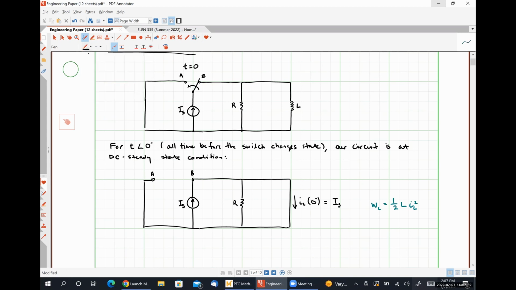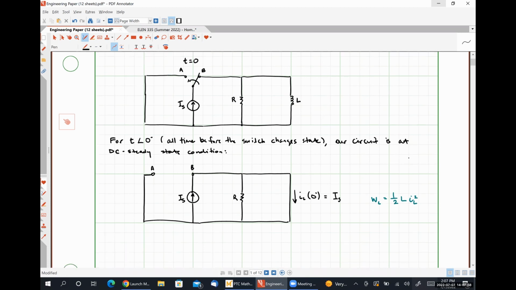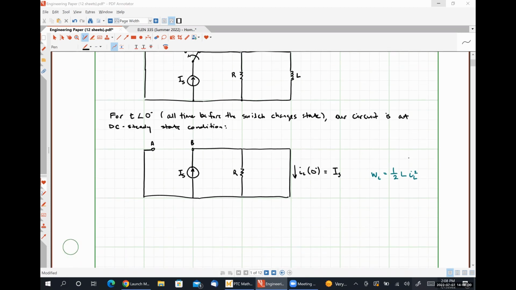Now let's look at what happens for all time greater than or equal to 0 plus. So this is all time after the switch changes state.